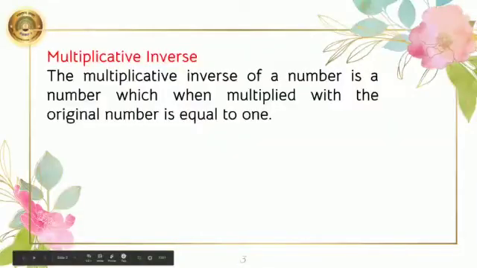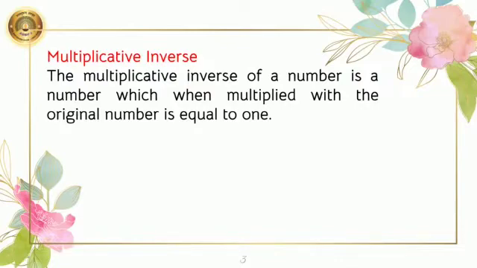Let us see what is meant by multiplicative inverse. The multiplicative inverse of a number is a number which when multiplied with the original number is equal to 1. It is also called the reciprocal of the number. When you multiply two numbers, if the answer is 1, then each number is called a multiplicative inverse of the other.